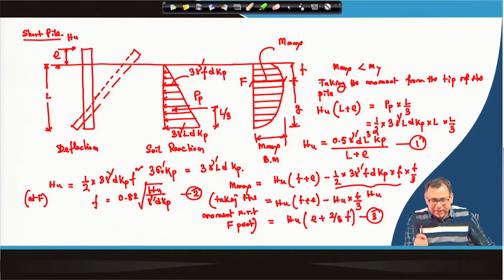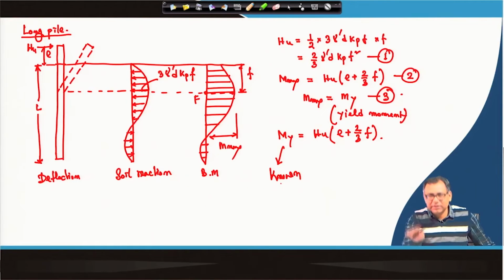So, in that case, you have to design it for the long pile, considering M max is equal to My, and then you have to find all other values. So, M max will be replaced by My, and this way we can calculate the long pile and short pile case. So, now I will go for the fixed headed pile.